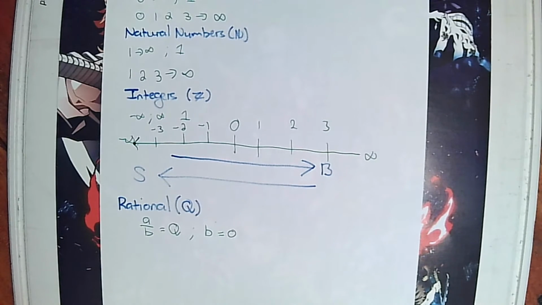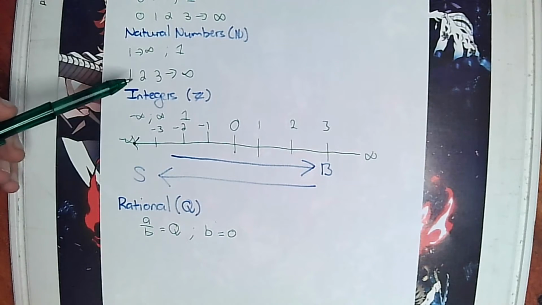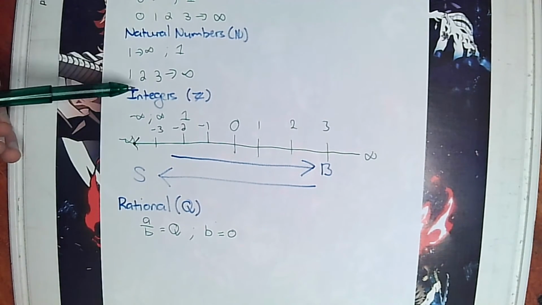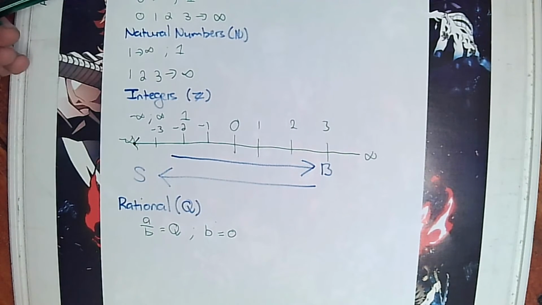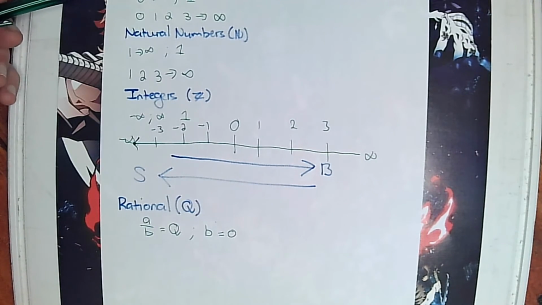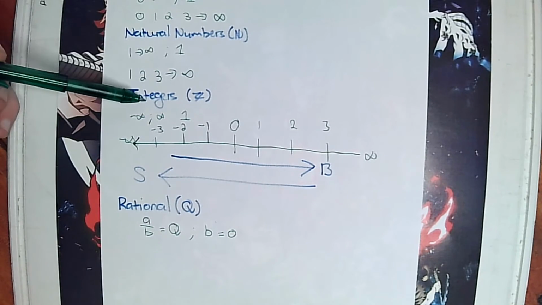Rational numbers, furthermore, are basically any type of number you can think of that you can write as a fraction: a whole number, natural number, and an integer. These are all rational numbers. So integers fall into the set of rational numbers, natural numbers fall into the set of integers and rational numbers, whole numbers fall into the set of natural, or actually natural falls into the set of whole, falls into the set of integers, and integers into the set of rational numbers.